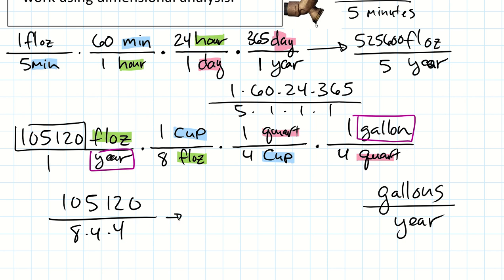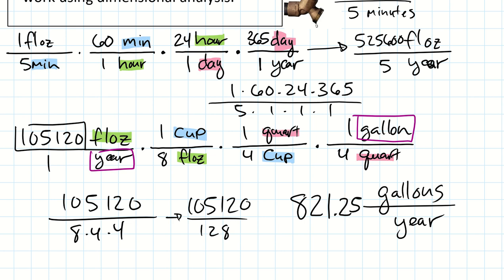So this is 105,120 divided by 128. And if I turn that into a unit rate, 105,120, and I'm just going to divide by 128. So as a unit rate, we're looking at 821 and a quarter gallons per year.